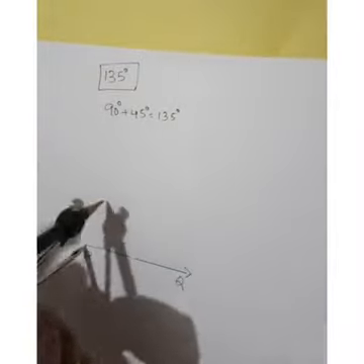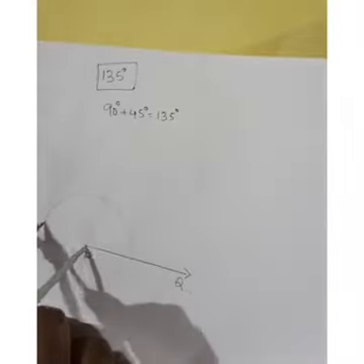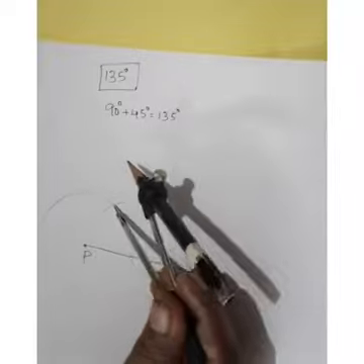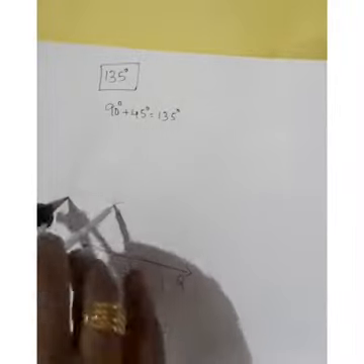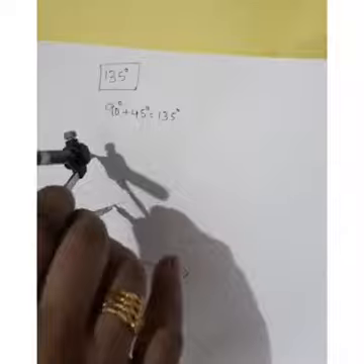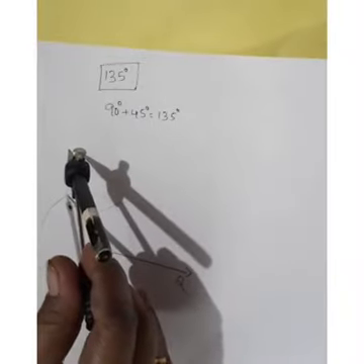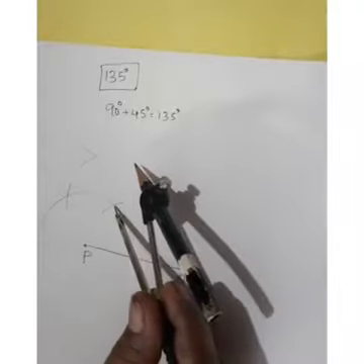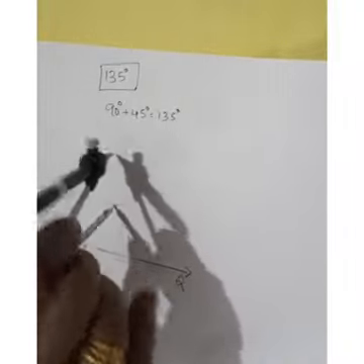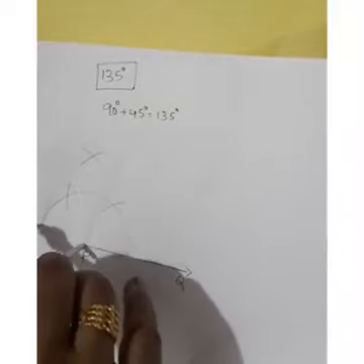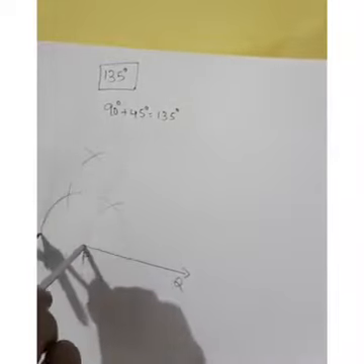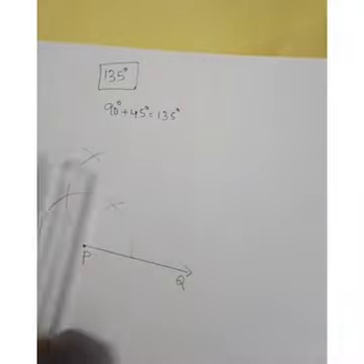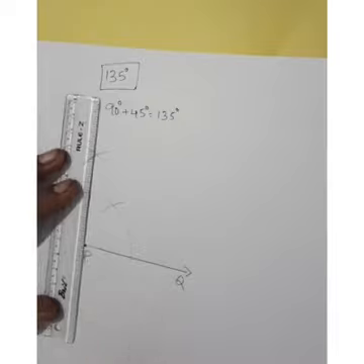First arc. Then second 60 degree. Third 120 degree. Then bisector. Okay, before that you have to draw the straight line. So we want to construct here 90 degree.